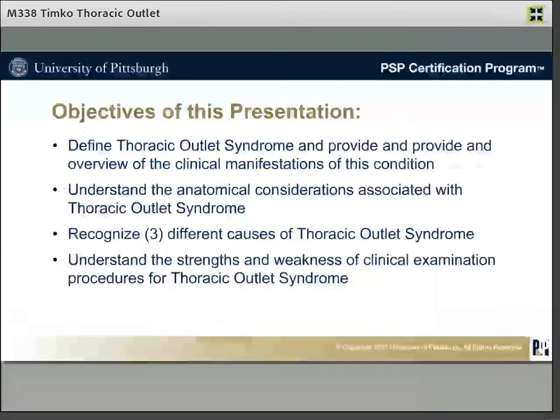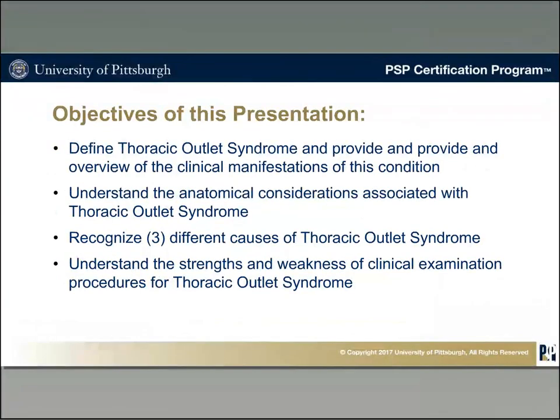So to conclude this discussion now on thoracic outlet syndrome, I'd like to go back and just touch base on our objectives once again. So we discussed and defined what thoracic outlet syndrome is and the various subtypes and manifestations of this clinical syndrome.